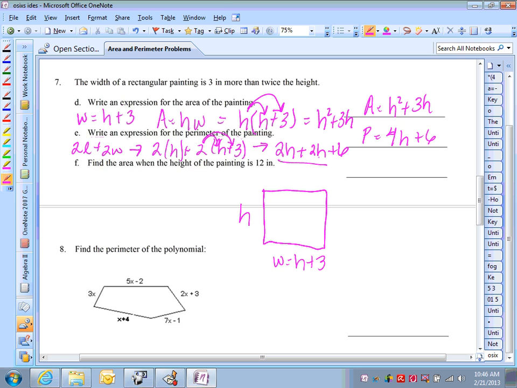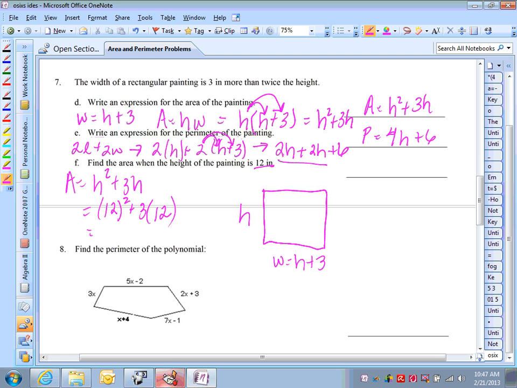Okay, now the last part of this problem is find the area when the height of the painting is 12 inches. So area, the formula we came up with was H squared plus 3H. That's just the formula from part A. All I do now is plug in 12 wherever I see H. So it's 12 squared plus 3 times 12.